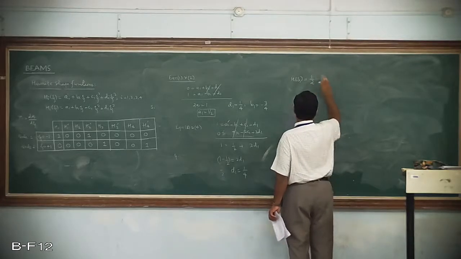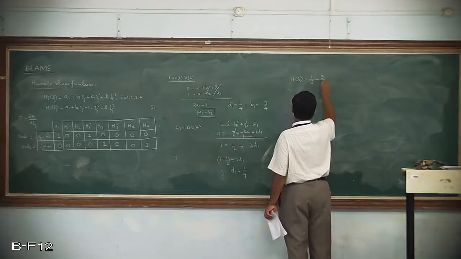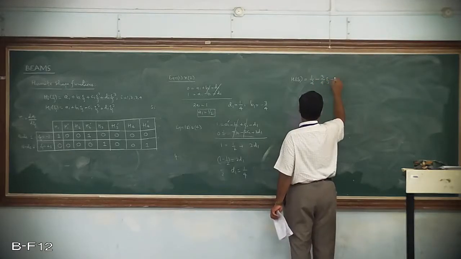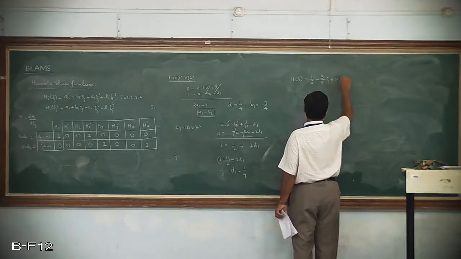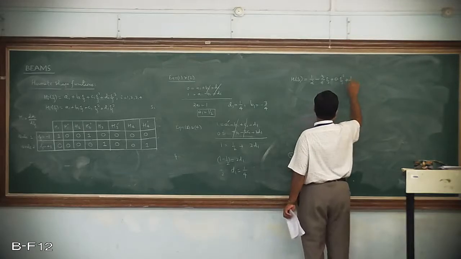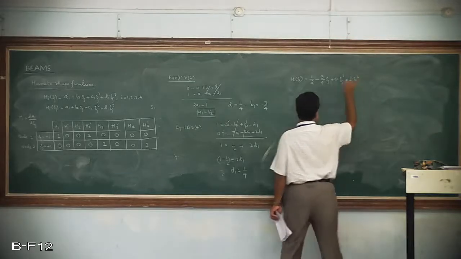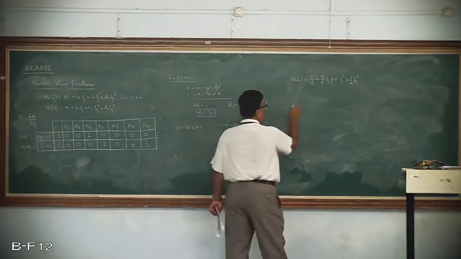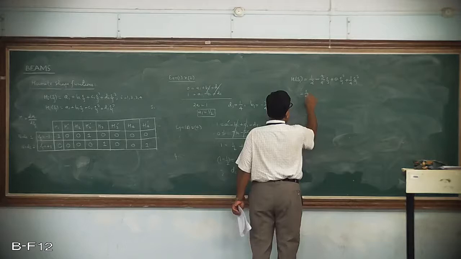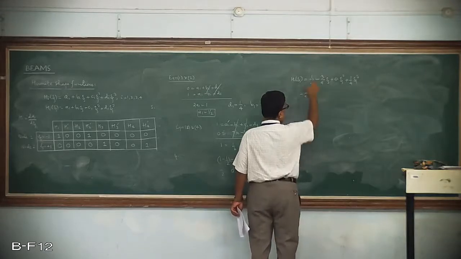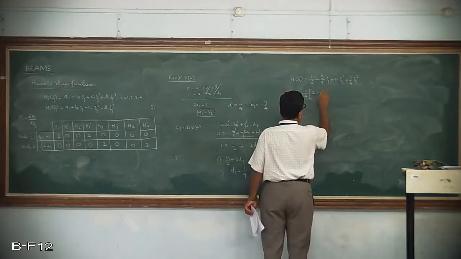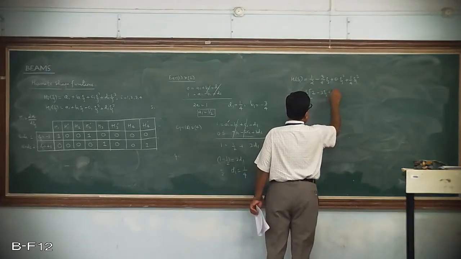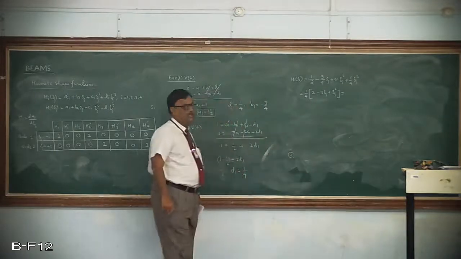So what I will do is: 3 by 4 zeta, zeta square has gone because 0 into zeta square, plus 1 by 4 zeta cube. Suppose I take 1 by 4 out of this, it is 1 by 4 times 2 minus 3 zeta plus zeta cube. This is what is called H1 of zeta.